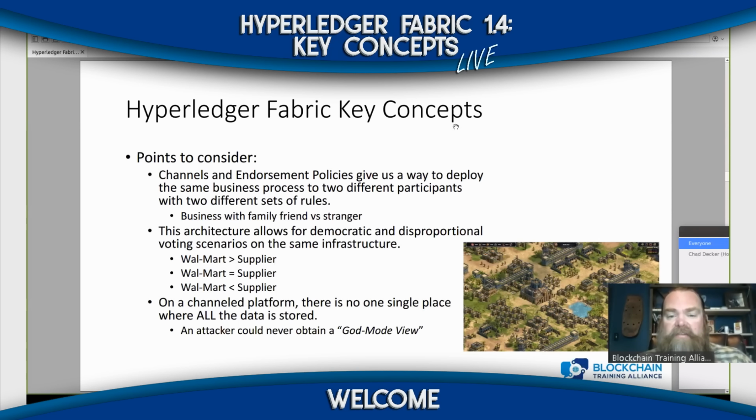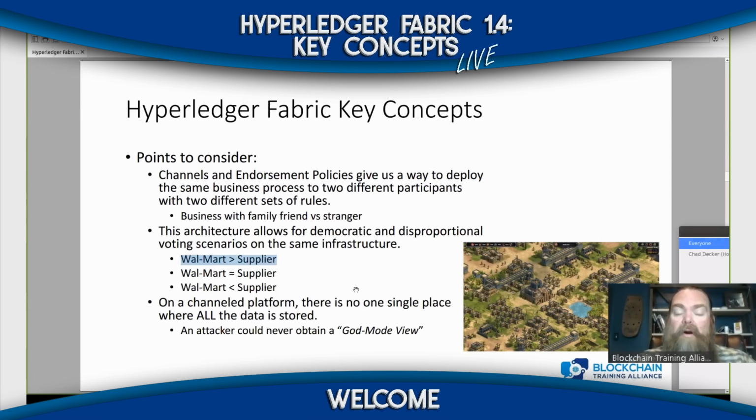Well, if Walmart is using Hyperledger Fabric with their suppliers, that means that we can set up 3 different types of scenarios when Walmart and their supplier are trying to reach consensus or agreement on a particular transaction. We can say for some types of transactions, we want Walmart to have a very large, heavy, disproportionate vote.